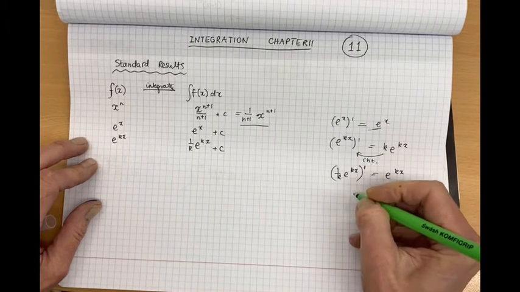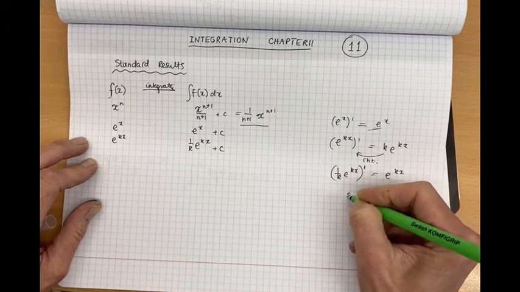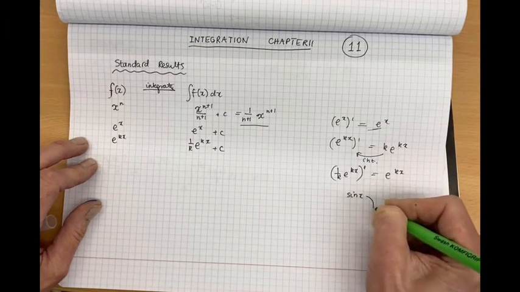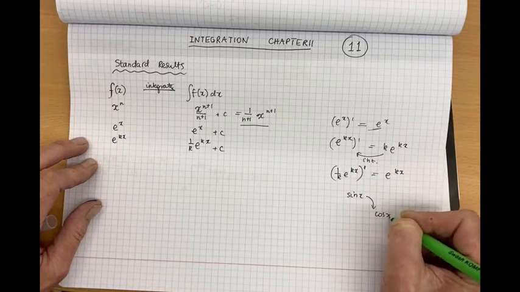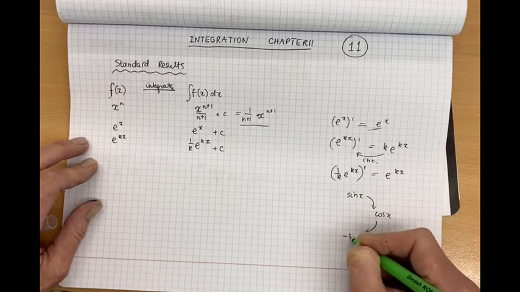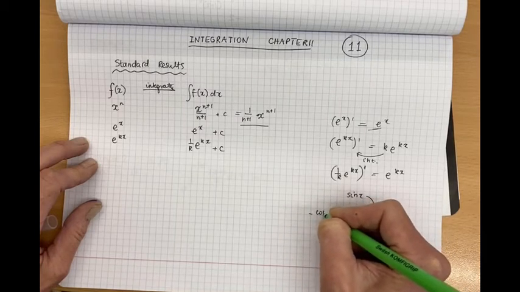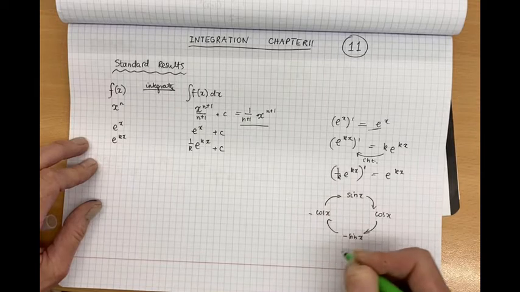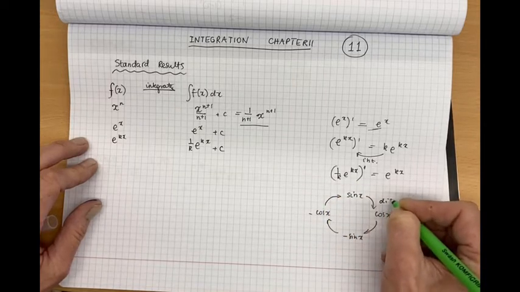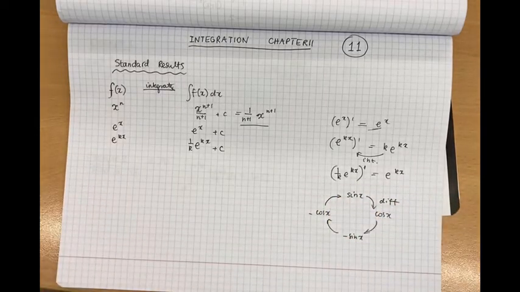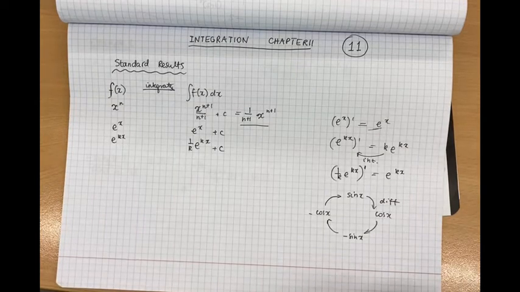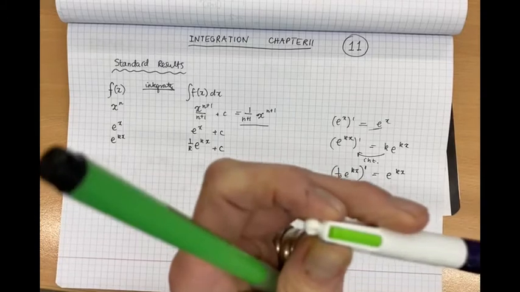Okay, in the differentiation chapter you've learned that sine differentiates to cos, cos differentiates to minus sine, and you can just close the loop. That goes to minus cos, and then carry on. So clockwise you will differentiate. Now what we can do, we can reverse that process and go in the anti-clockwise direction, and we're going to integrate and get our results for integrating sine and cos.